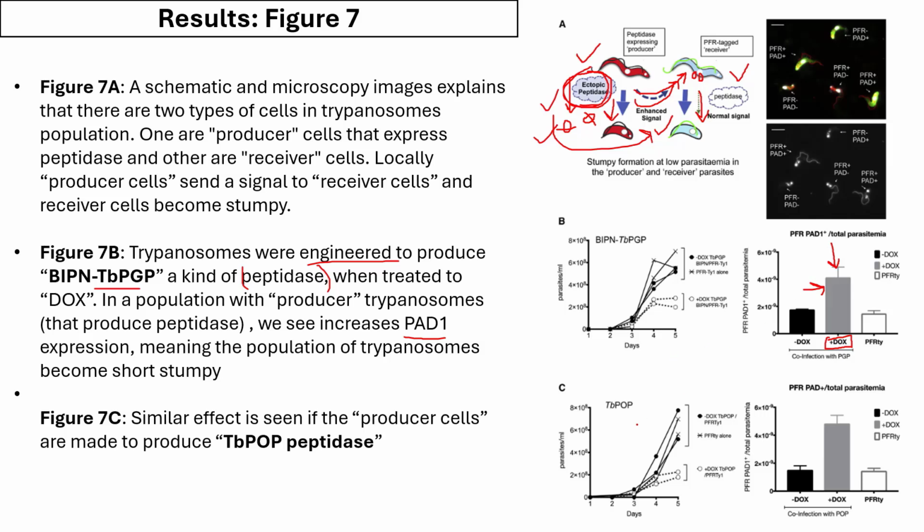They confirmed this finding with another kind of peptidase called Trypanosoma brucei POP, P-O-P peptidase, and again they see that the cells which express more POP peptidase also have more PAD1 expression. So more peptidase will cause more production of oligopeptides, and those oligopeptides, when received through GPR89 protein, lead to the induction of stumpy form.